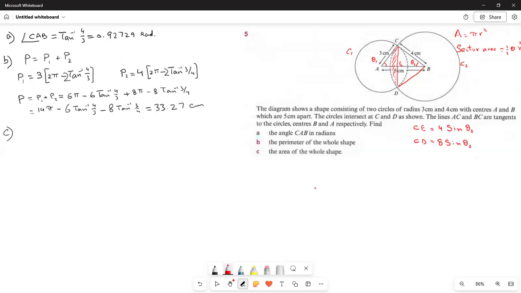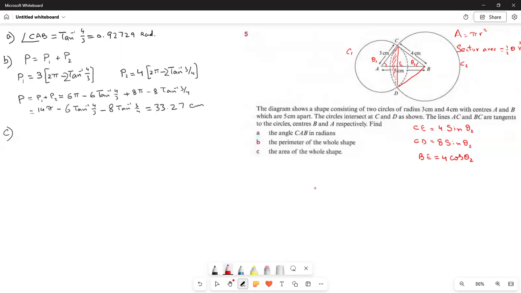Okay, so this is easy. I found the base of the triangle. In the same way, the BE distance is 4 times cosine of theta 2, right?